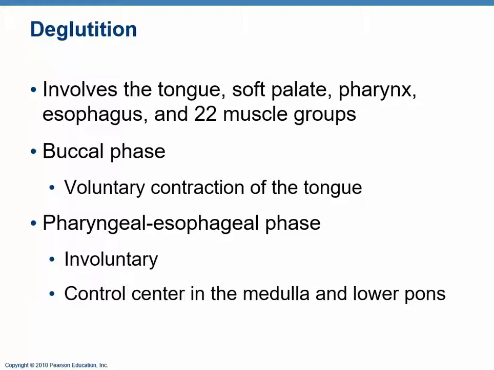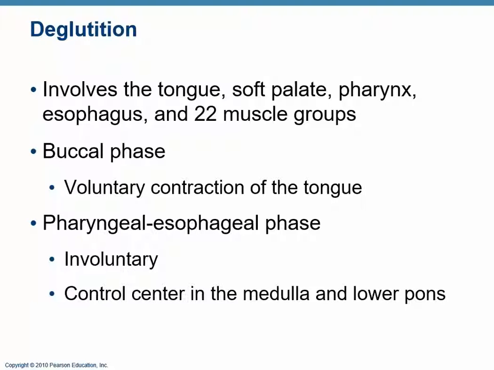So really, to swallow, a lot of things have to happen. The tongue and the soft palate, the pharynx, the esophagus, and all kinds of muscles outside of the throat are involved. We divide it into phases. The first phase is when the food's in your mouth. It's called the buccal phase, which means the mouth phase, and it's voluntary.